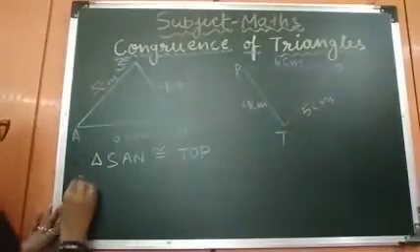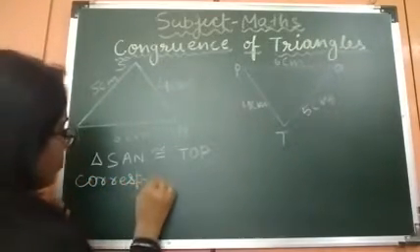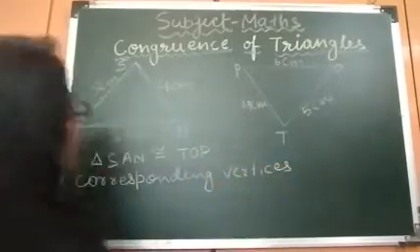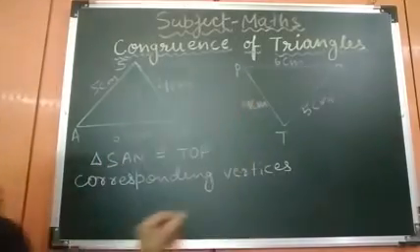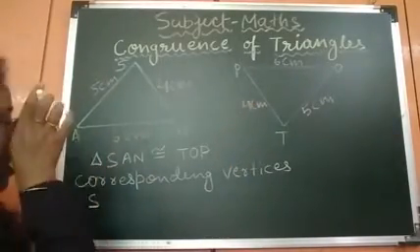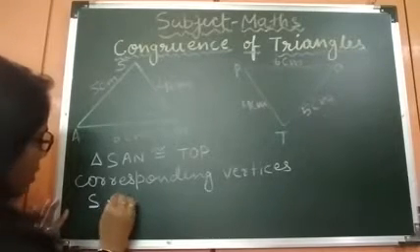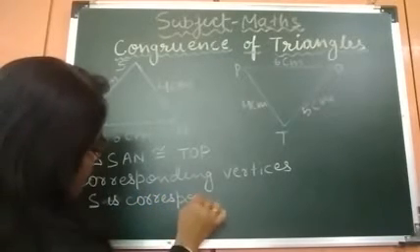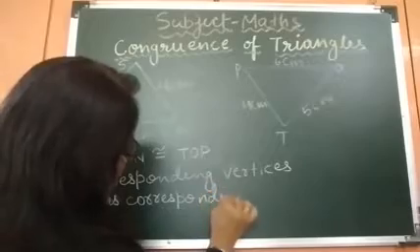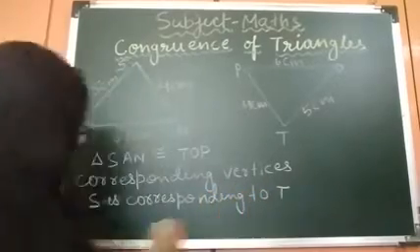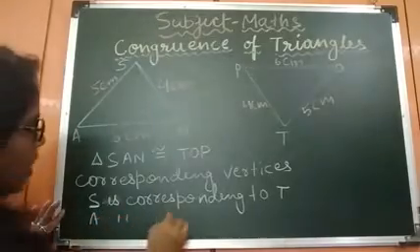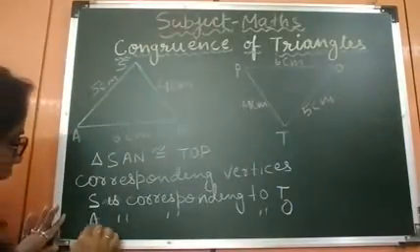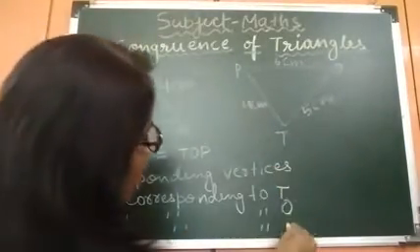When we talk about corresponding vertices, the vertices are S, A, N and T, O, P. So S is corresponding to T, A is corresponding to O, and N is corresponding to P.